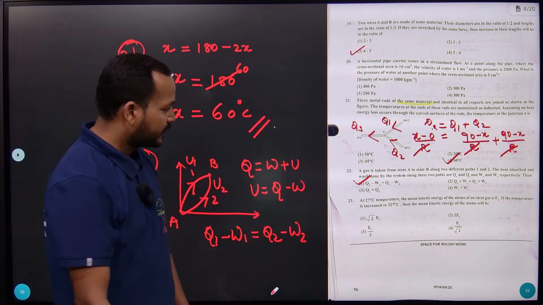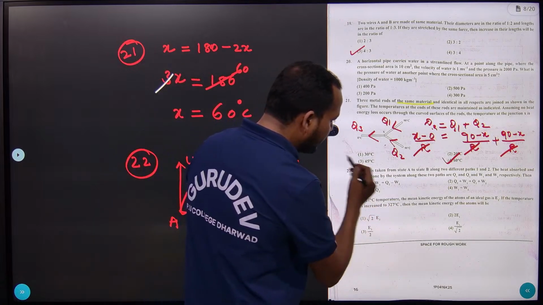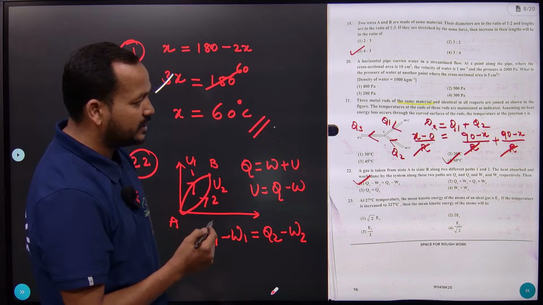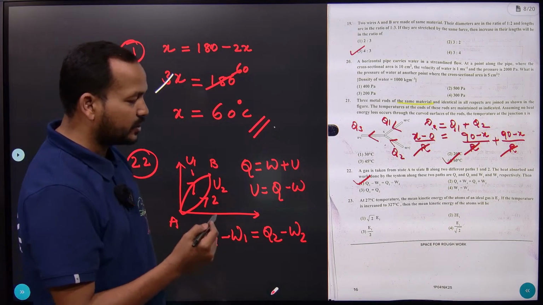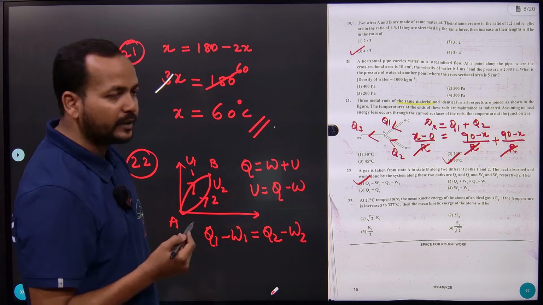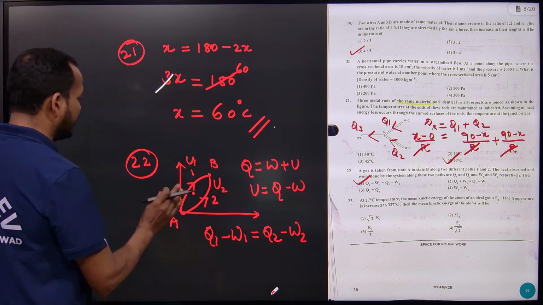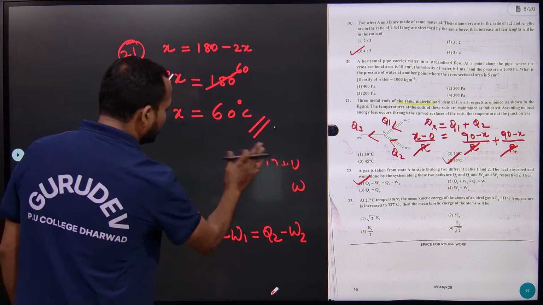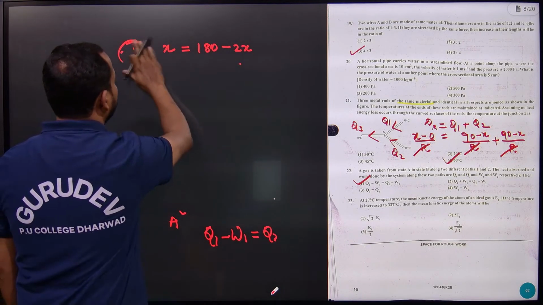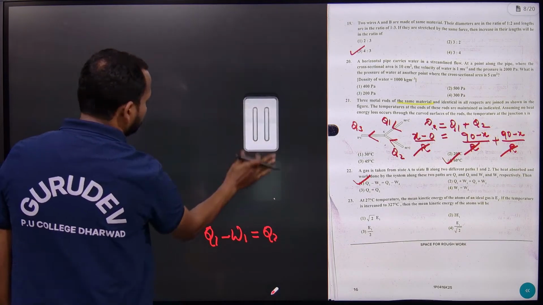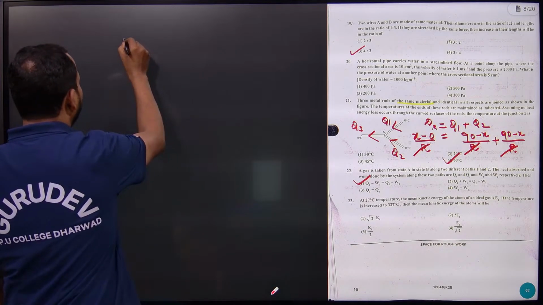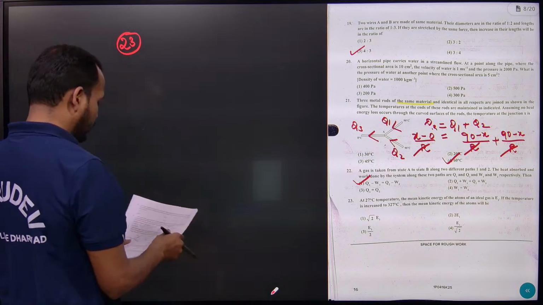Now question number 23. If you observe, at a 27 degree Celsius temperature, the mean kinetic energy of atoms of an ideal gas is given. If the temperature is increased to 327 degree Celsius, then the mean kinetic energy of the atoms will be. So we'll see that question now. Okay guys, we'll see question number 23.